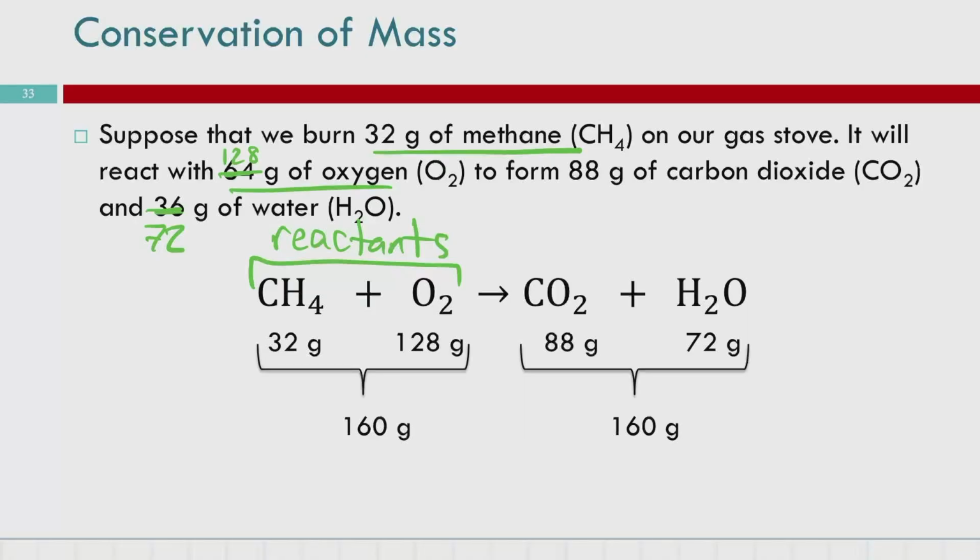And our products, on the right side, our products are carbon dioxide and H2O, 88 grams, 72 grams respectively. Before the reaction, we had 160 grams of total mass. After the reaction, we still have 160 grams of total mass.